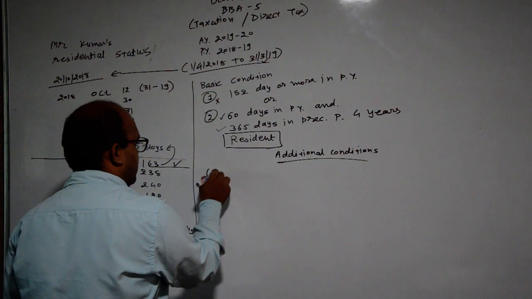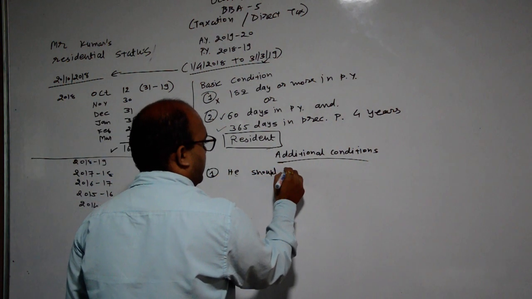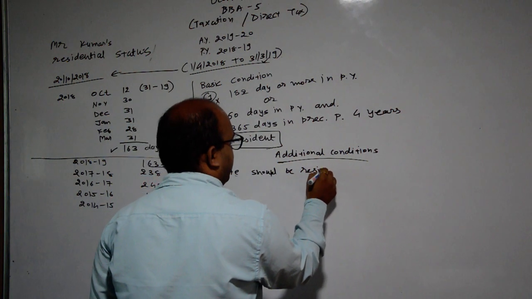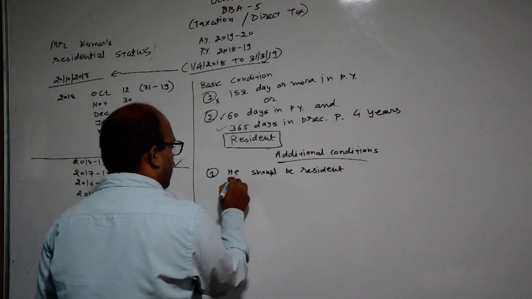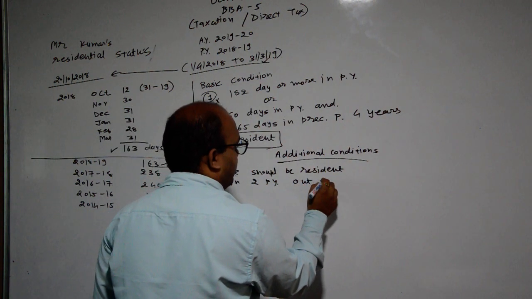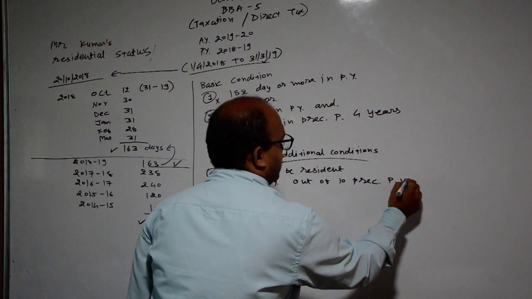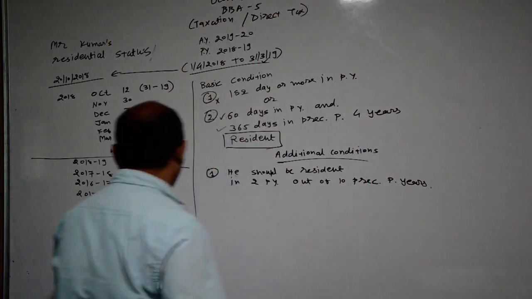So first, he should be resident in 2 of the 10 preceding previous years. Okay, we already know that.